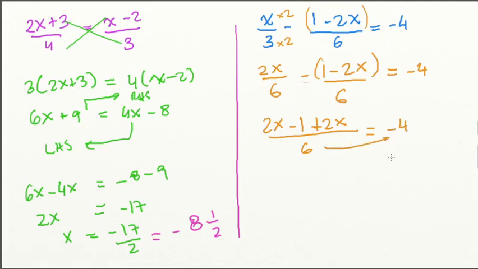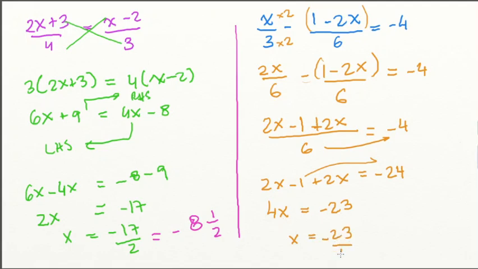Now I can get the 6 to the other side multiplying, right? So I would have 2x minus 1 plus 2x is equal to negative 4 times 6, that's negative 24. 2x and 2x, 4x. This negative 1, let's throw it to the other side, and that's negative 23. Looks ugly, but that's it. So divide by 4, that's negative 23 over 4.